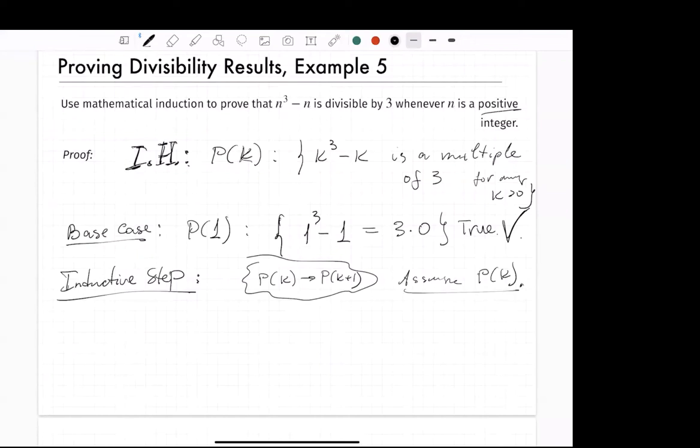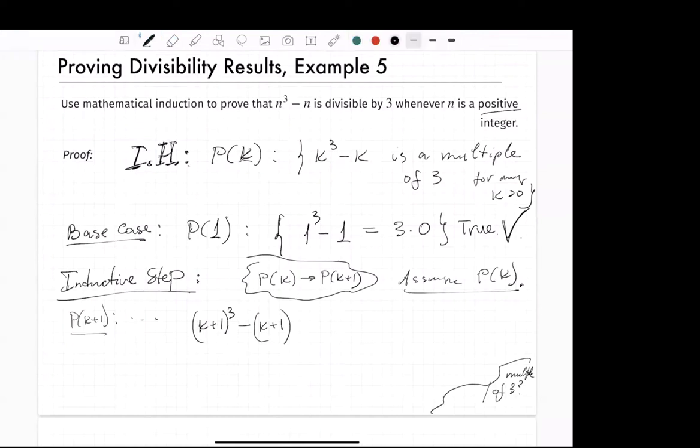P of K plus 1 is what I'm working with. What is P of K plus 1? K plus 1 cubed minus K plus 1. I want to show that this is a multiple of 3. This is my end result. That's what I want to prove.